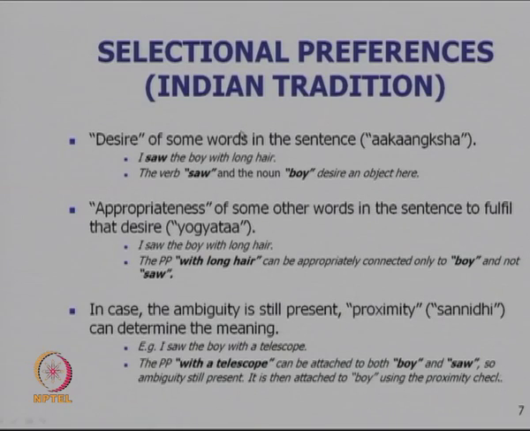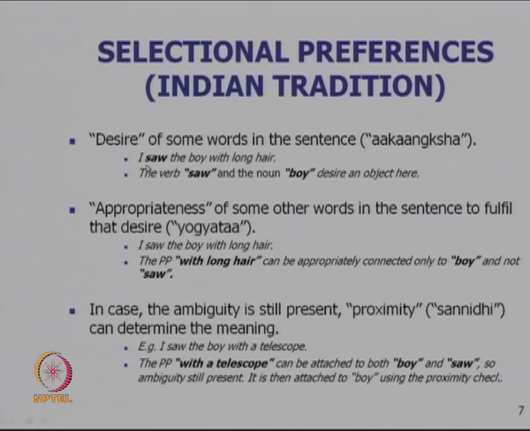Now, this idea of word sense disambiguation using selectional preference dates back to a very ancient Indian tradition. What this body of work says is that some words in the sentence are desire words. They have what is called akanksha, which is a Sanskrit word meaning desire.